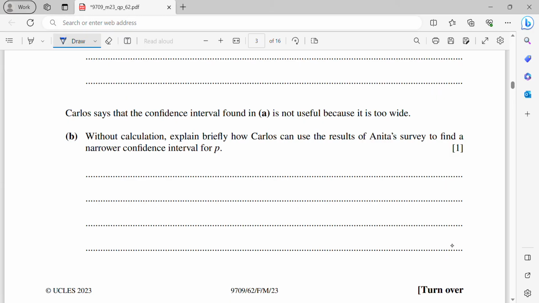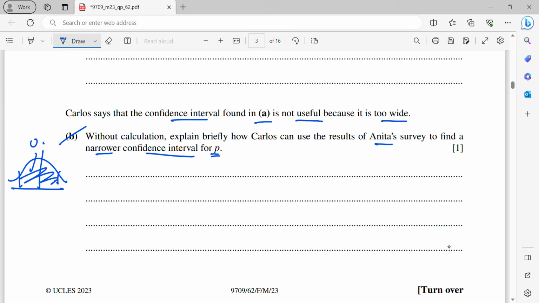Now, Carlos says that the confidence interval found in A is not useful because it is too wide. B, without calculation, explain briefly how Carlos can use the results of Anita's survey to find a narrower confidence interval for P. So just now it was 98%.